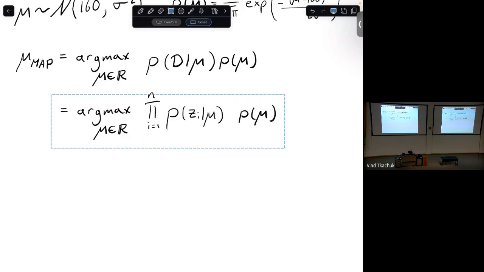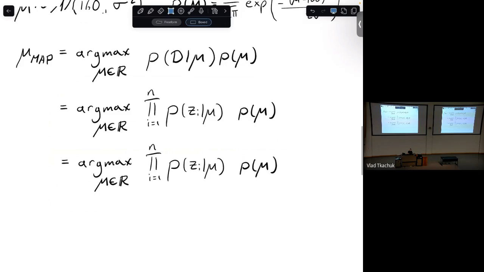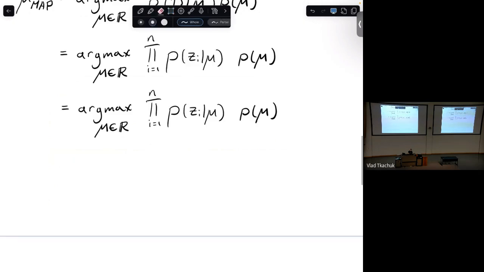We're going to take the negative and change it to minimization, and then take the log and change it to a sum. So first thing, change the max to a min, then change it to the negative. And now remove the product, take the log of the whole product, change the log of a product to the sum of logs, and we have this.